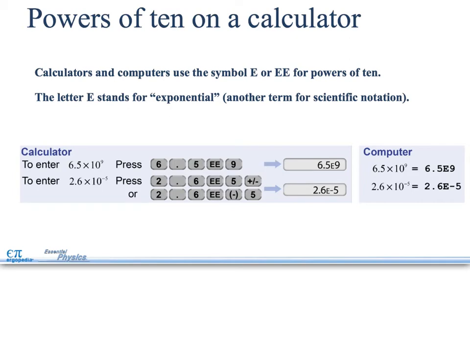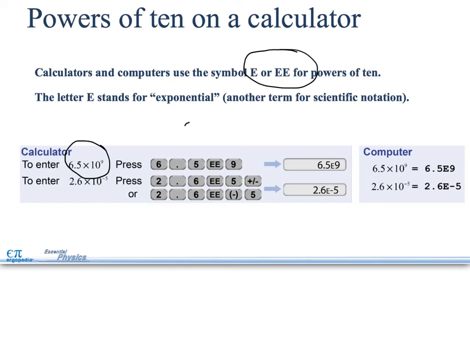Calculators and computers use the symbol E or EE for powers of 10. This is very important for you when using your calculator. The letter E stands for exponential, another term for scientific notation. You can think of that E as a times 10 to the button on your calculator. If we have to enter 6.5 times 10 to the 9th, you press 6.5 and the EE button.